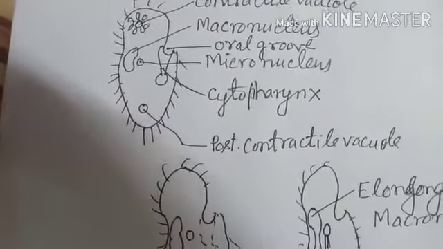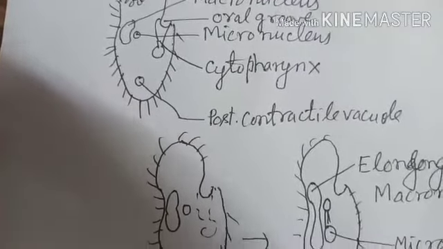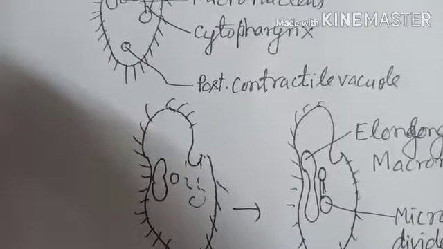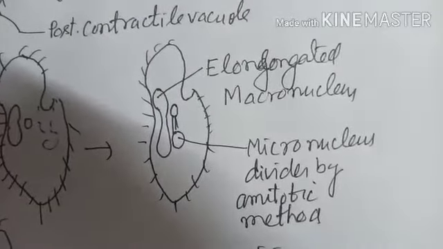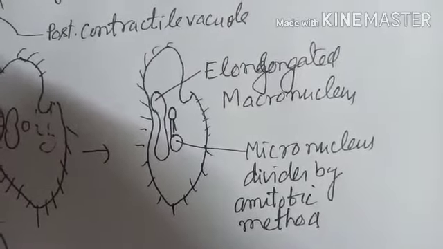Then after that, the cytopharynx disappears, and then the macronucleus starts dividing by the amitotic method.